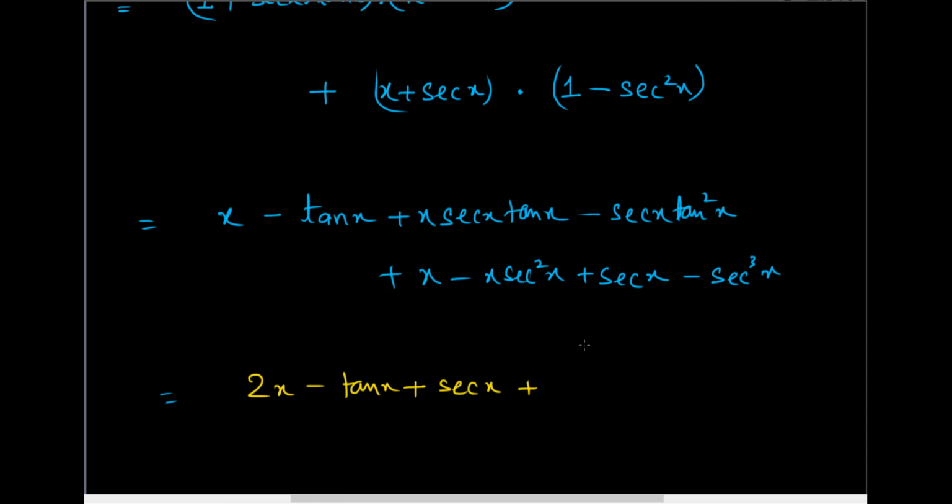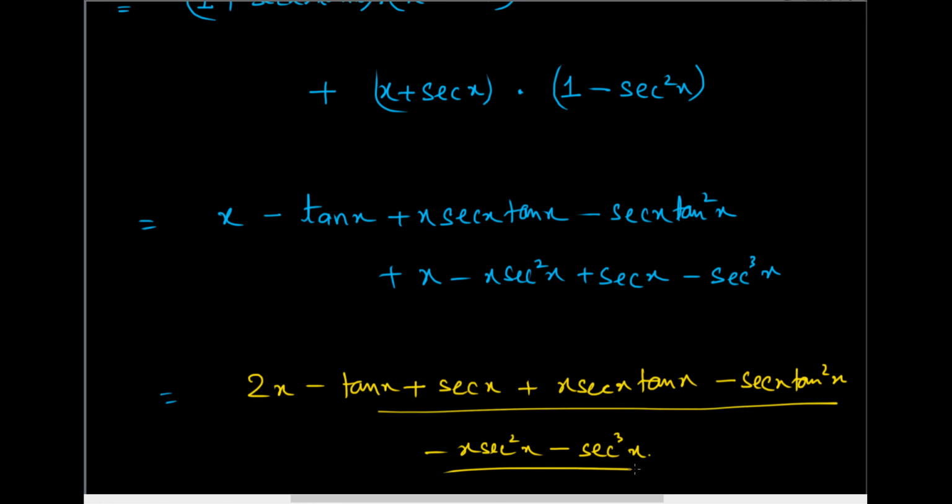And then plus x sec x tan x, and then minus sec x tan square x, and then minus x sec square x, and then minus secant cube x. This is 1, 2, 3, 4, 5, 6 and then 7, yeah.